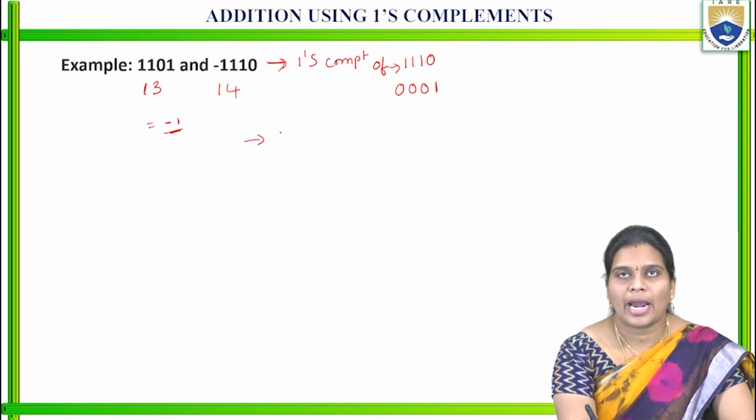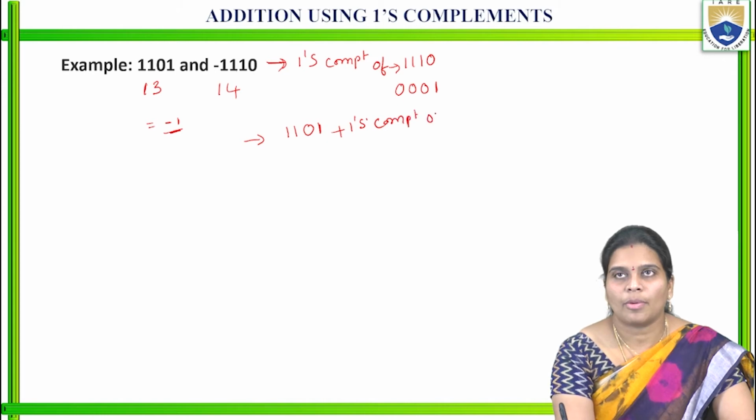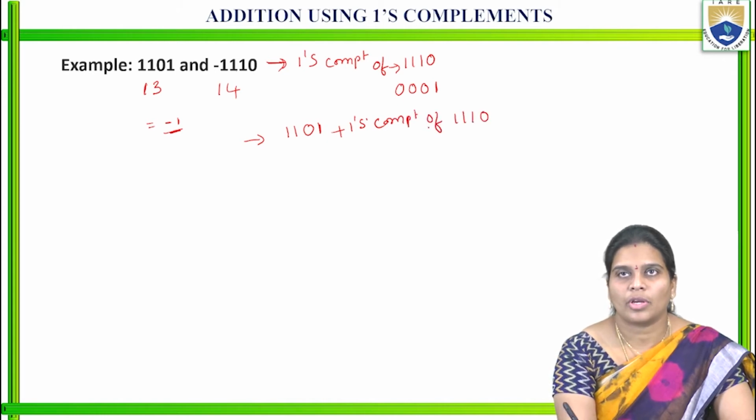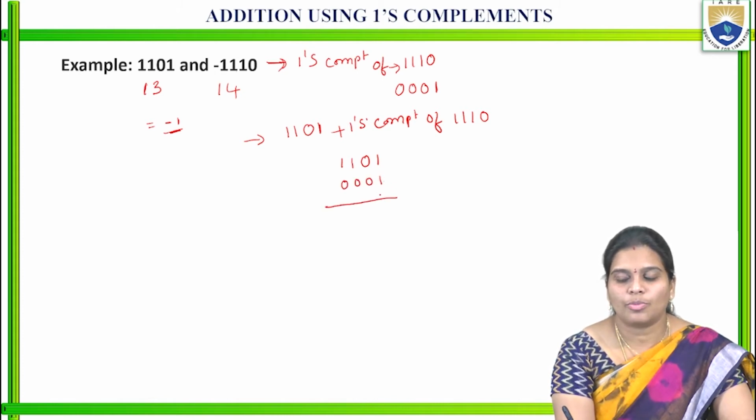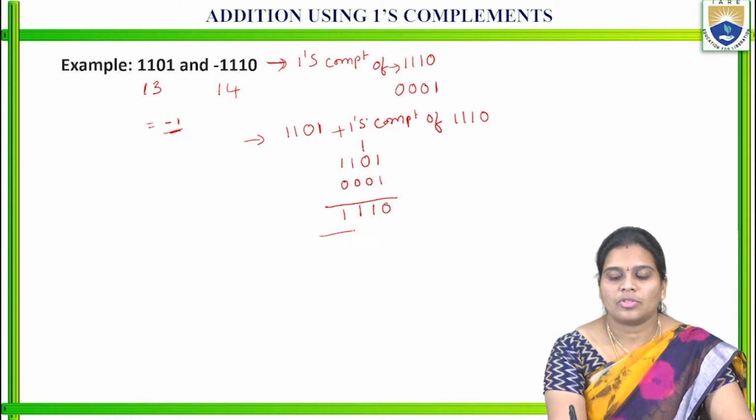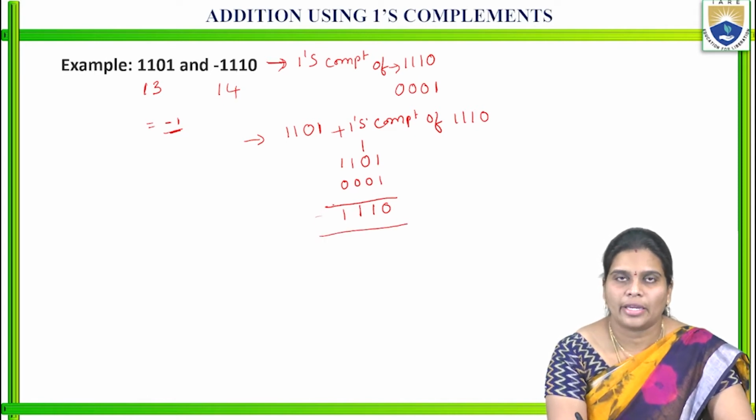In the second step, adding these two: original number 1101 plus ones complement of 1110, which is 0001. Now adding these two, we get 1110. So here we are not having any carry.